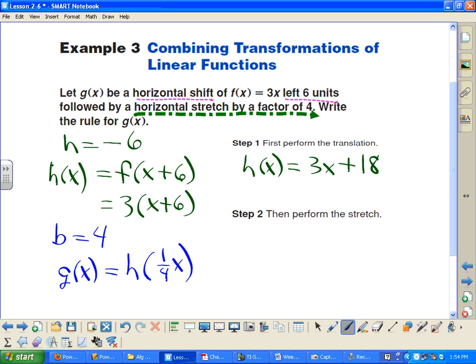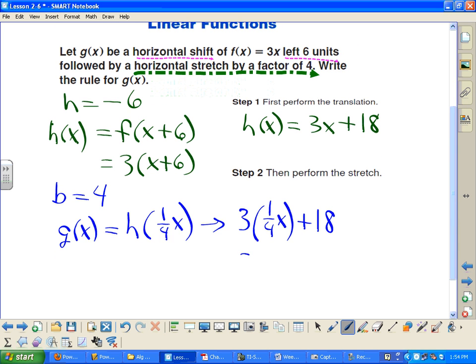So we get 3 times 1/4 x plus 18. Doesn't change the 18. It just changes the slope. So we're going to have 3/4 x plus 18 is what g of x equals. So we translated it horizontally first, and then we stretched it by a factor of 4.